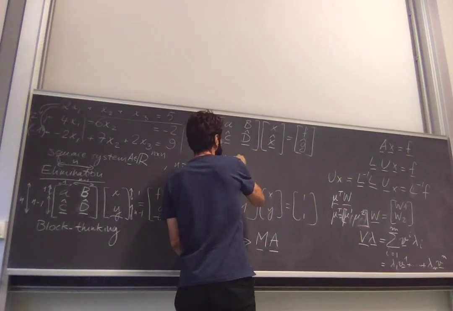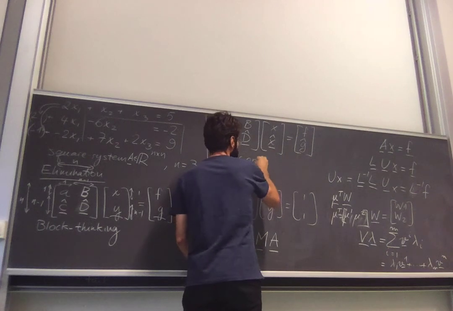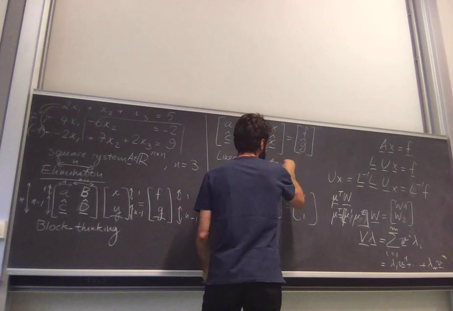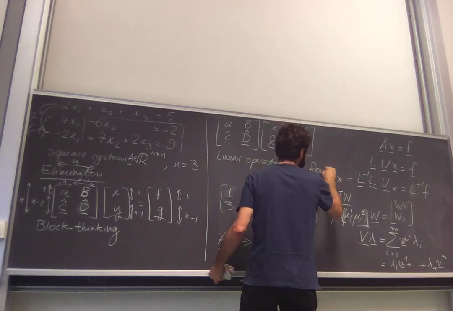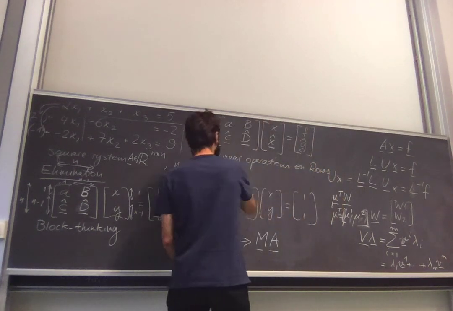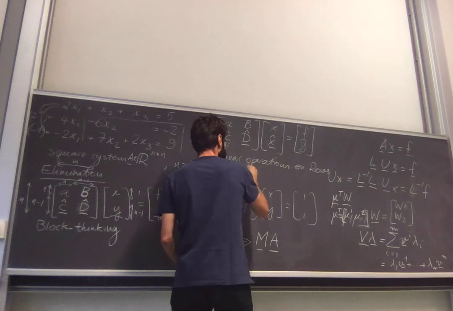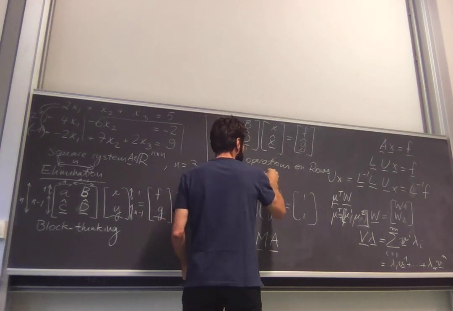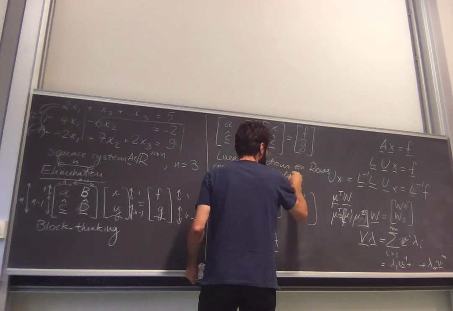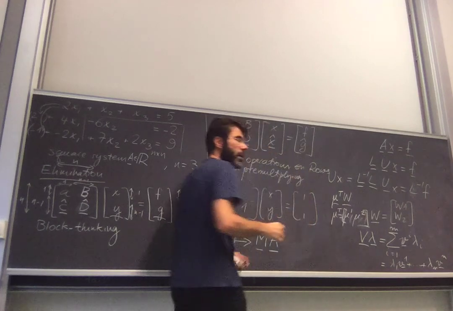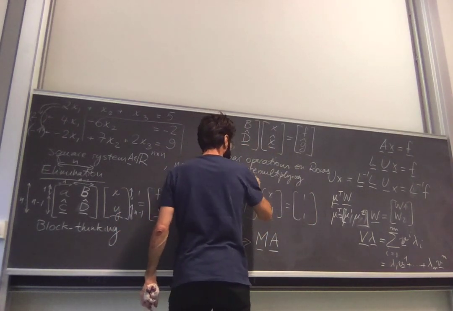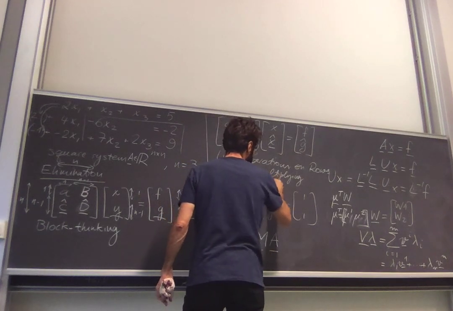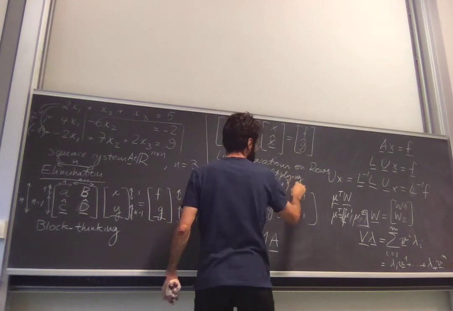Linear operations on rows mean pre-multiplying, or left multiplying, the matrix.